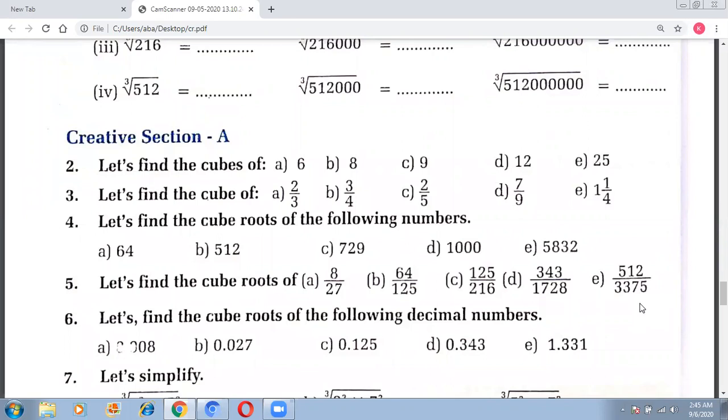Cube root of 512 upon 3375. First, you put the sign of cube root.